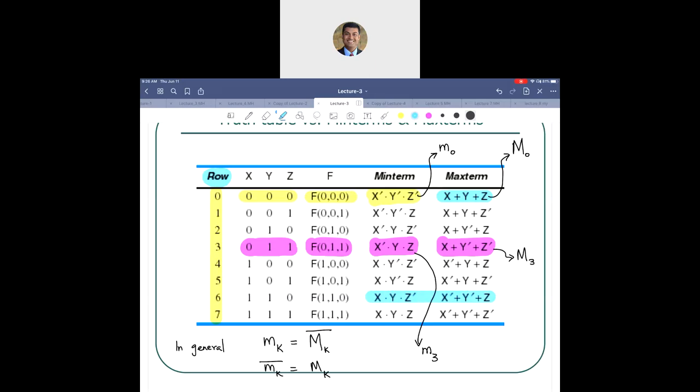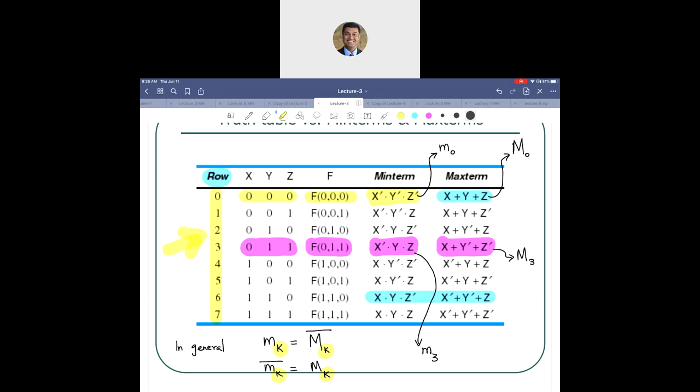You can apply a complement to one of them and use De Morgan's law to get the other. So you can quickly prove that identity. The complement of a minterm is a max term. The complement of a max term is a minterm. K is indicating the row numbers. So row 0, row 1, it satisfies for all of them.